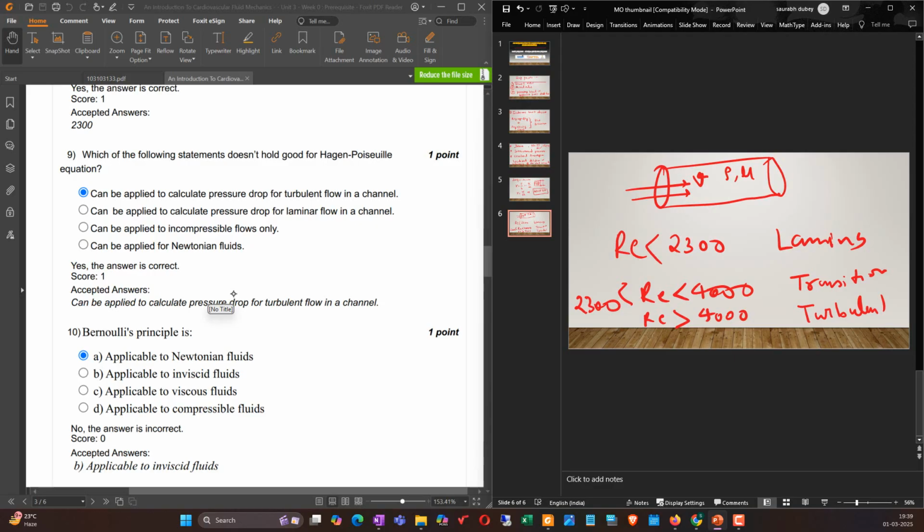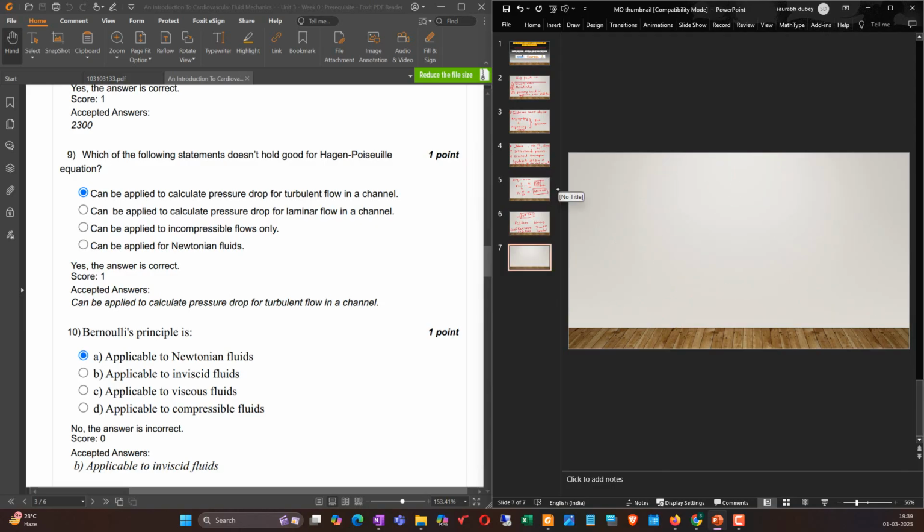Next one: which of the following statements doesn't hold good for the Hagen-Poiseuille equation? It can be applied to Newtonian fluid, it can be applied to incompressible fluid, and it can be applied to calculate pressure drop for laminar flow in the channel. So it is right. It is not for turbulent flow. Why? Because for that there is the Darcy-Weisbach equation. What is the Darcy-Weisbach equation?